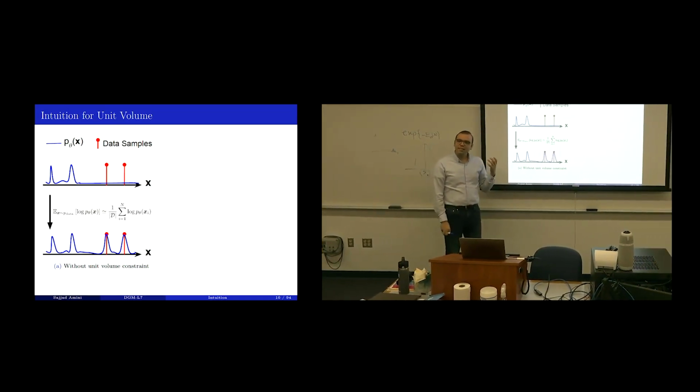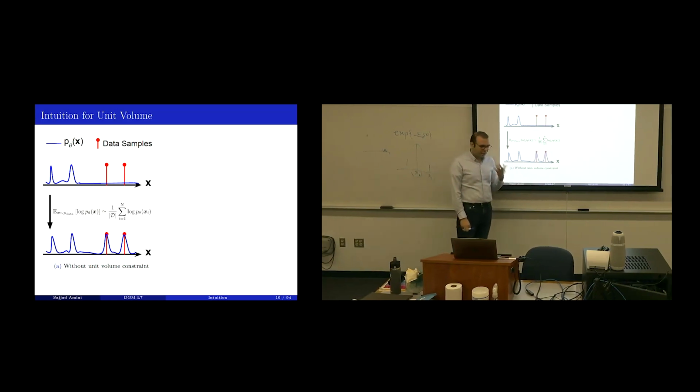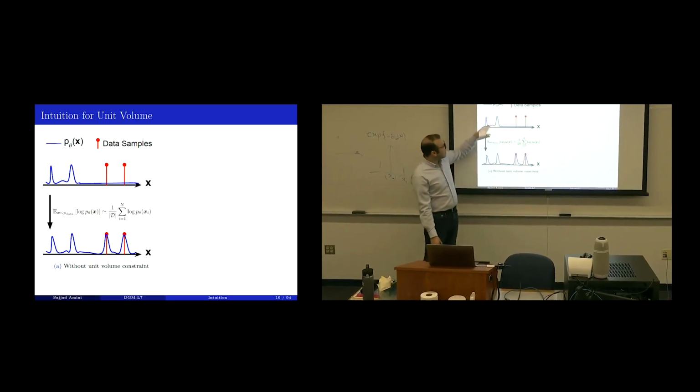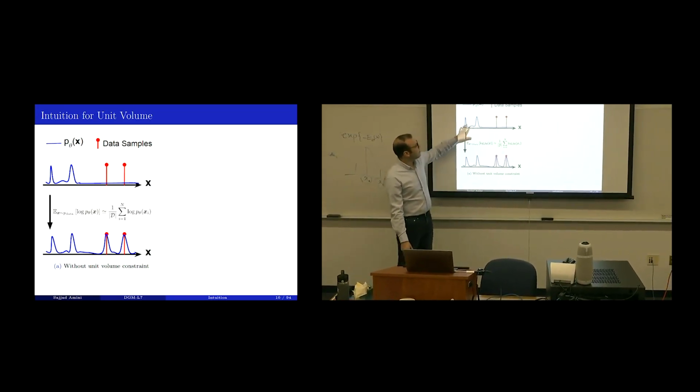When the model is not normalized, it can easily preserve its previous peaks and also add two peaks here, because it is not forced to be normalized. If it were normalized, the area under this curve would be 1.